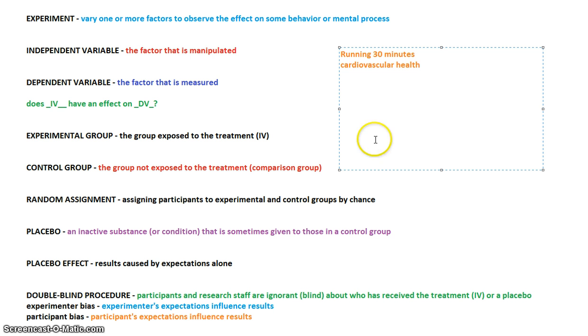So to tell what is the independent variable and what's the dependent variable, if you can figure these two things out, again, the easiest way, use this phrase. Which way does it make sense?